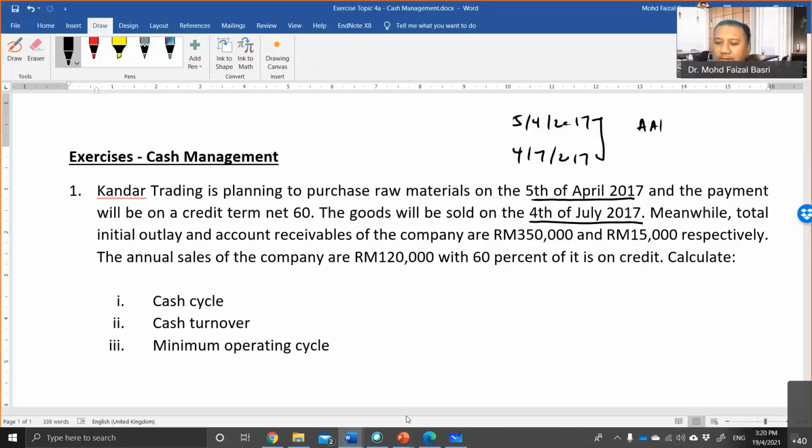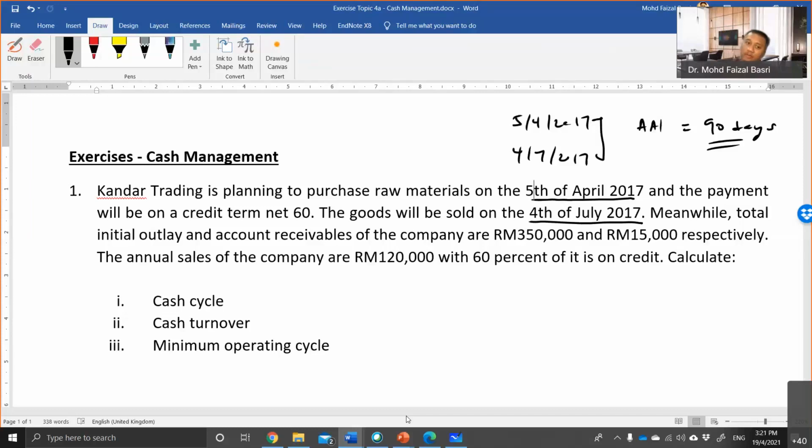Based on my calculators, when I insert these two dates, I have the EAI of 90 days. So I can find EAI simply by calculating the difference between these two dates.